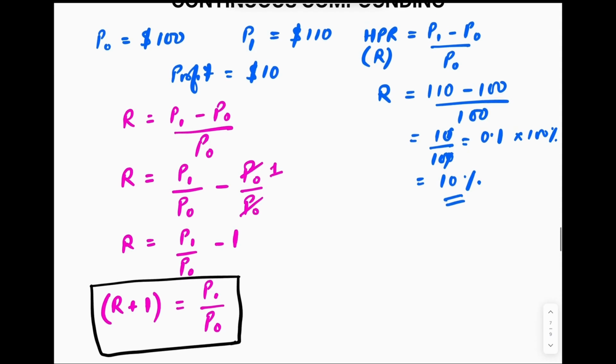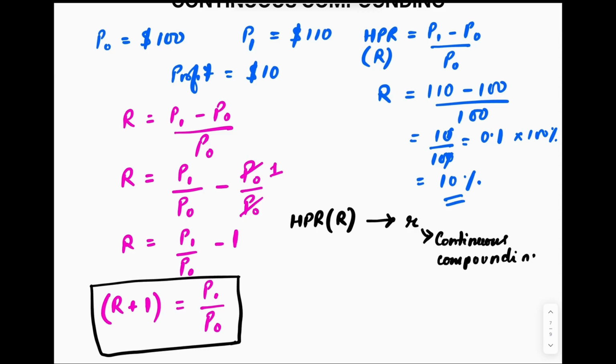So let me give you one case. Whenever you are given this holding period return, which is R, and from this R you want to find out small r, and this small r is basically your continuous compounding rate.